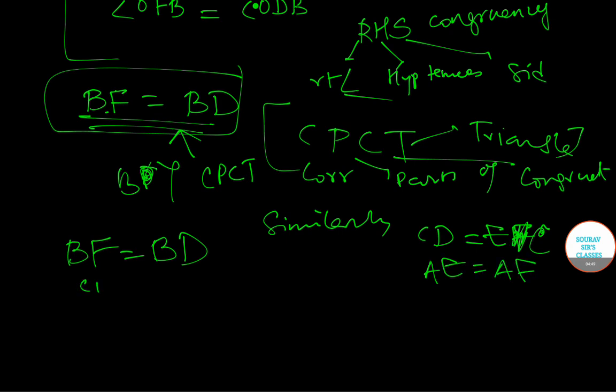So we have CD equals to EC and AE equals to AF.